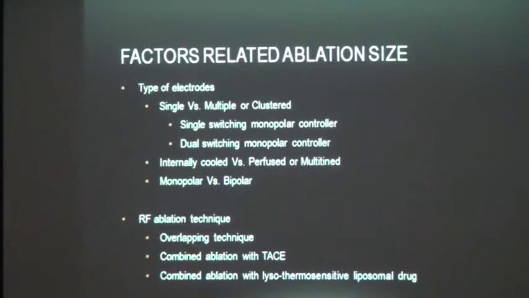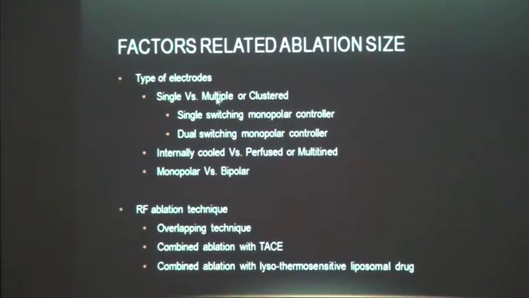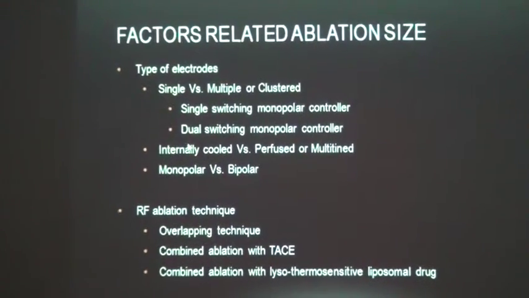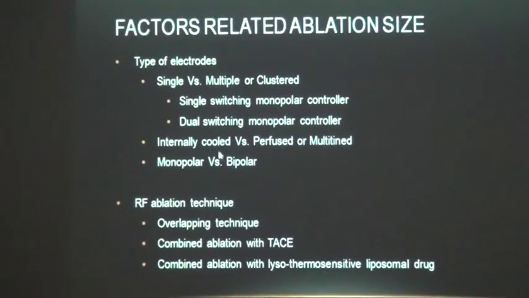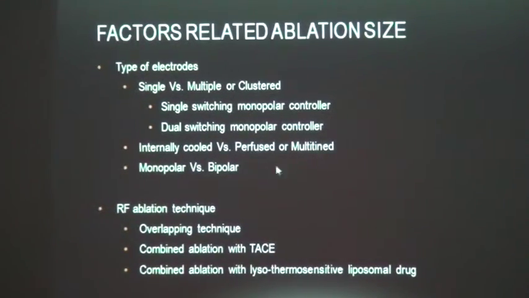It's my great honor to present at this first Asian conference on tumor ablation. So today my topic is how to increase the ablation size. I think the factors related to the ablation size are the type of electrode, and there are various types of electrode: single, multiple, cluster, internally cooled versus perfused, or multi-tined.